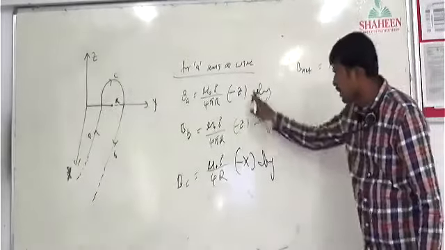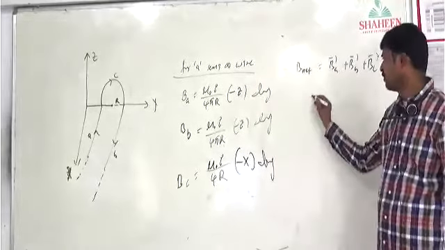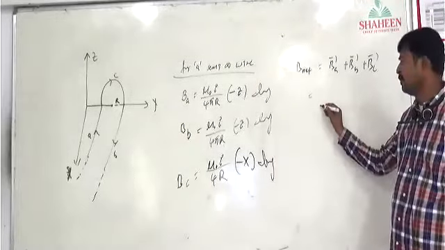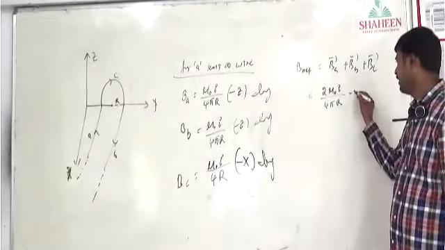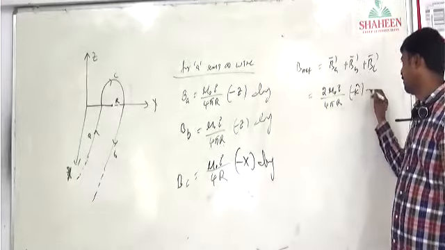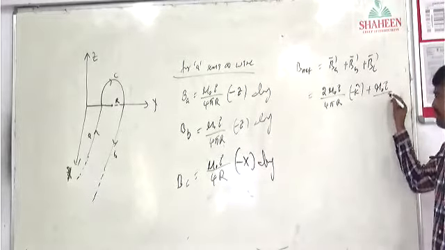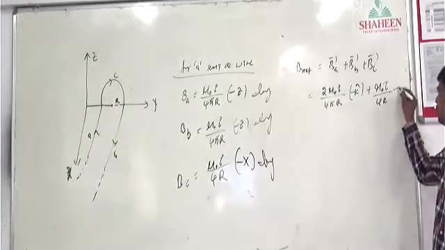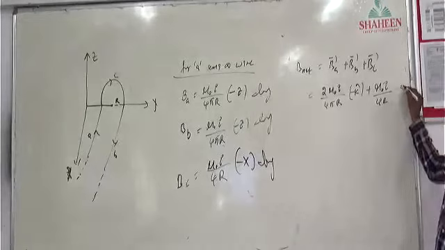But these two are along the same direction, so I can write B_A plus B_B directly as 2 mu naught I by 4 pi r along negative Z. I'll write minus k cap, plus mu naught I by 4r. This is minus I cap, the X axis. Correct?